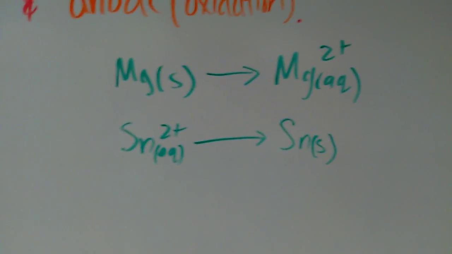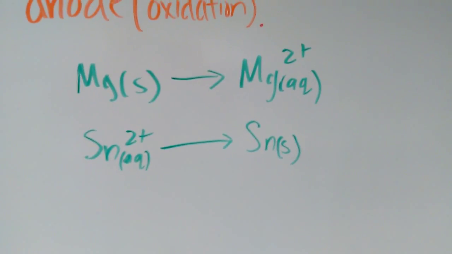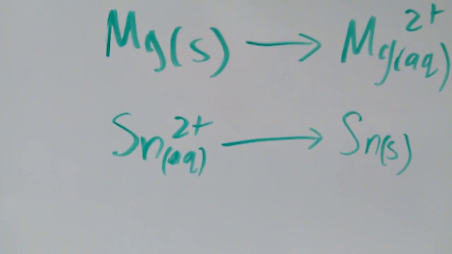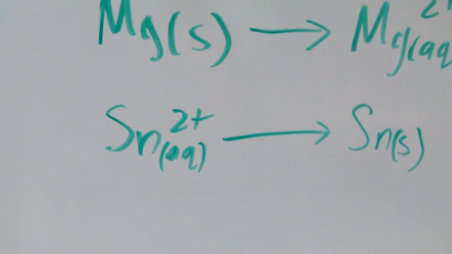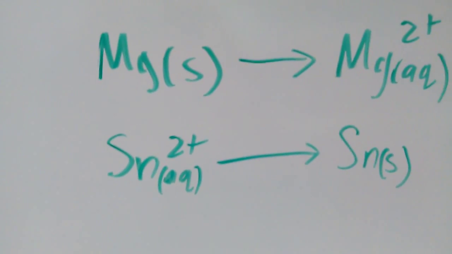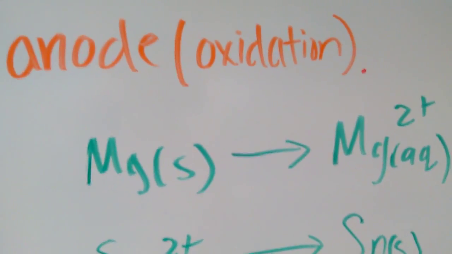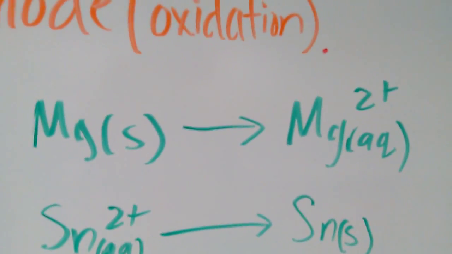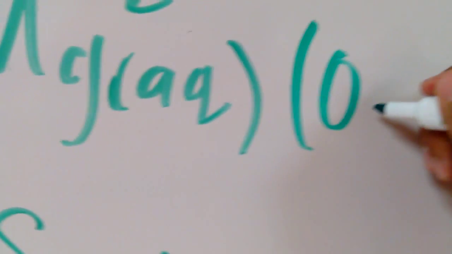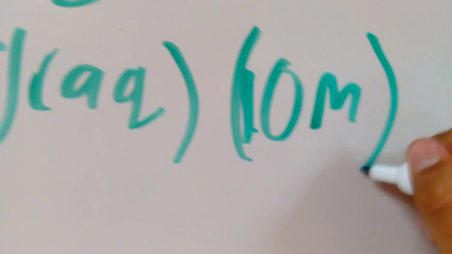Okay, so from here we're going to find our cathode and our anode, and we have to see which one is reducing and which one is oxidizing. Now here, you can tell that your magnesium has your 2+ charge, and it's oxidizing, your anode. It may look a little better if we just add your molarity here, which is going to be 1.0 molarity.